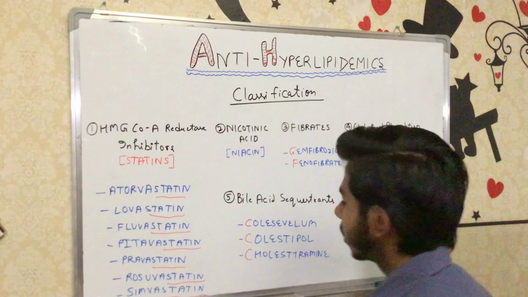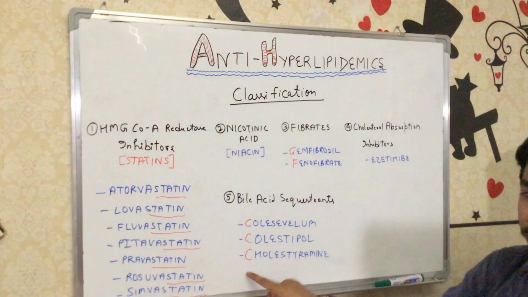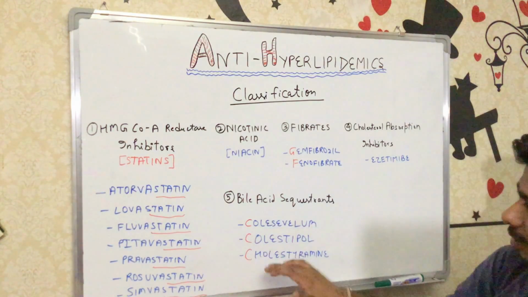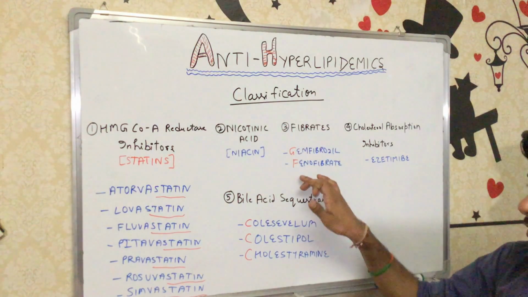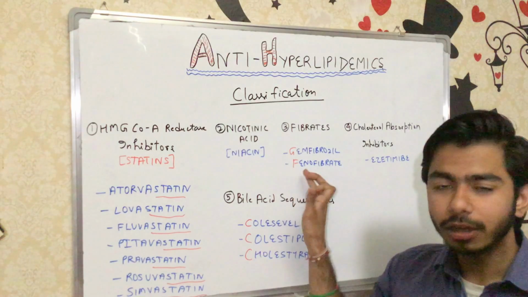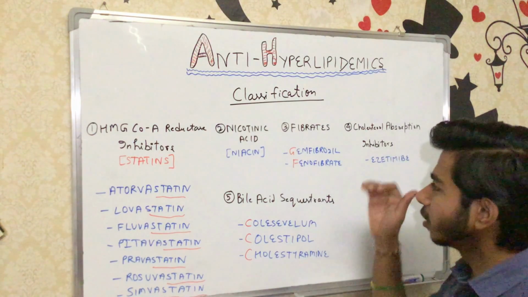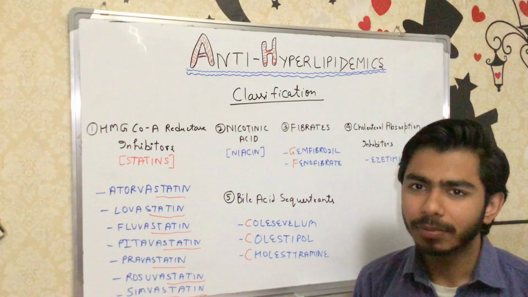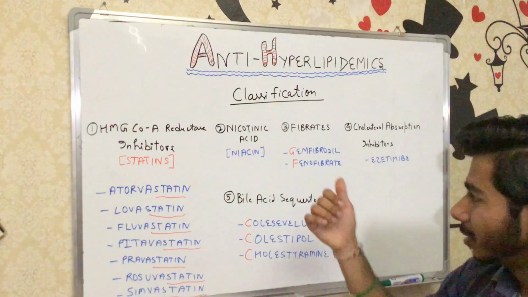You can remember them with 3 C's. You can remember these drugs as statins, as 3 C's, or with a mnemonic like girlfriend. You can make your own mnemonic so that you can really remember these drugs, because usually in the exam you may be asked about them.